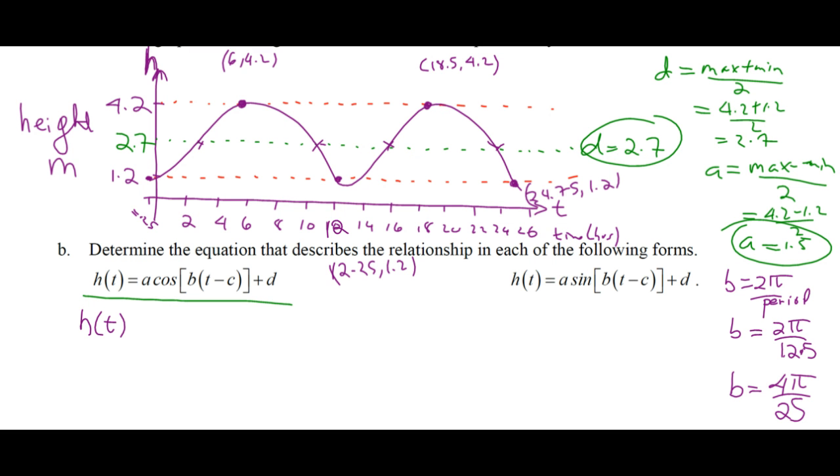So h of t is equal to negative 1.5 cos 4 pi over 25 t, and it's going left, so that's plus 0.25. To me, I just look and say that goes left 0.25, right? And then what's d? Plus 2.7. Okay, so there's your cosine curve. Hey, I didn't say a had to be greater than 0, did I? No.